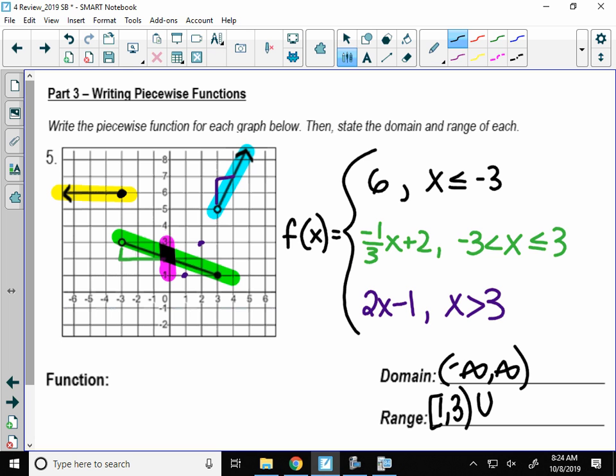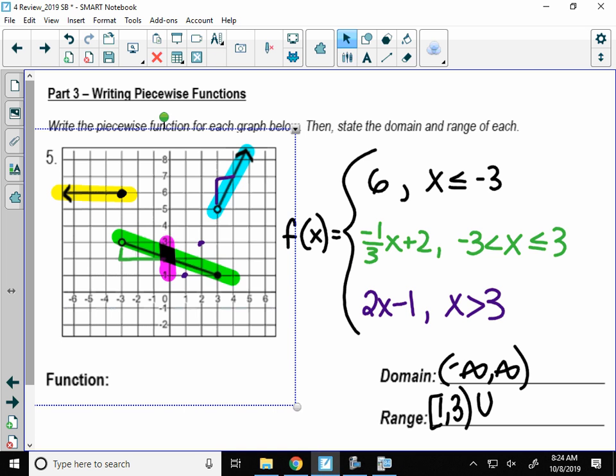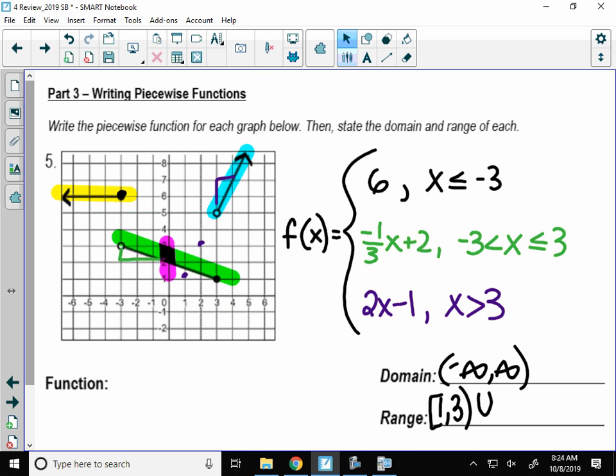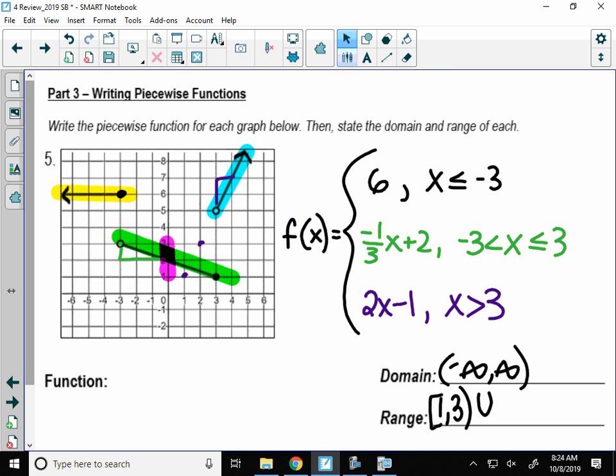And then it joins together up here when I get to 5 with an open dot. I go from 5 up to infinity. So that's 5 with a parenthesis up to infinity. That would be my range.